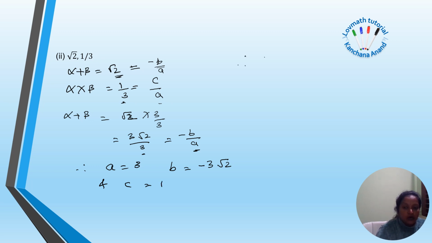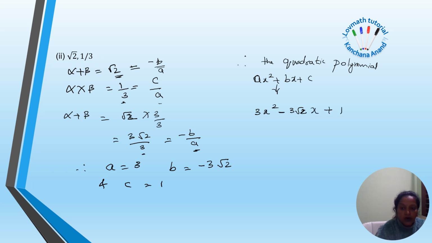Therefore the quadratic polynomial, by comparing to the standard form ax square plus bx plus c, becomes 3x square minus 3 root 2x plus 1.